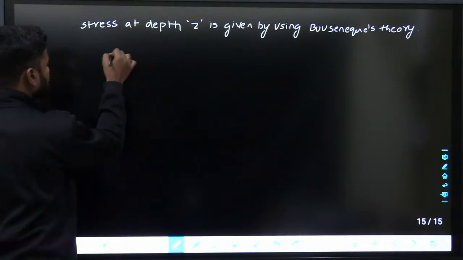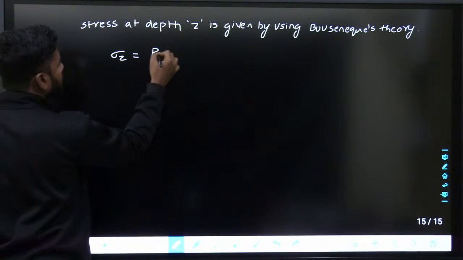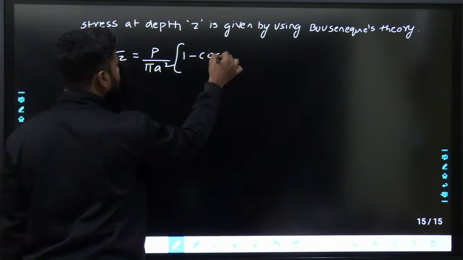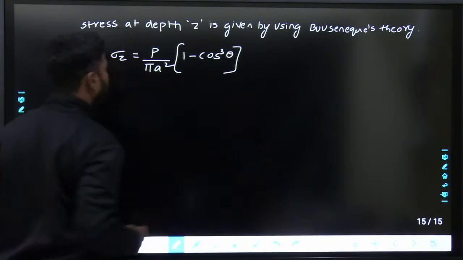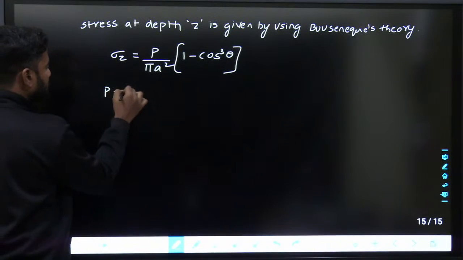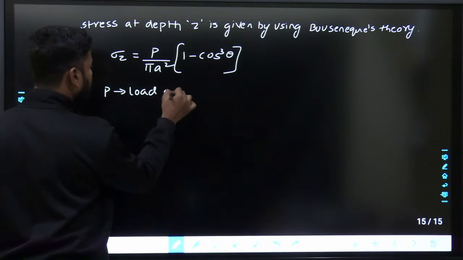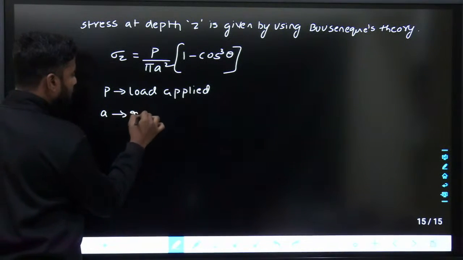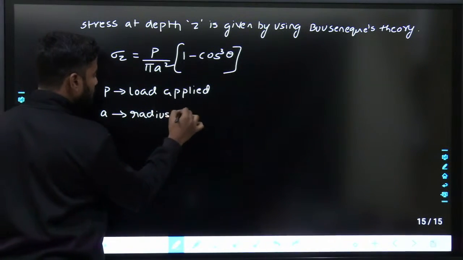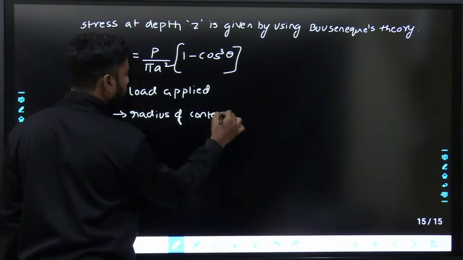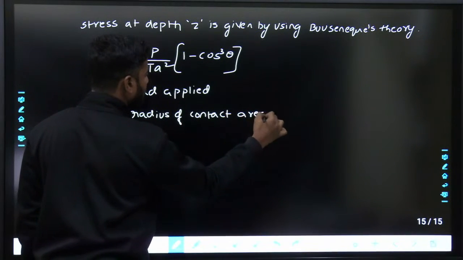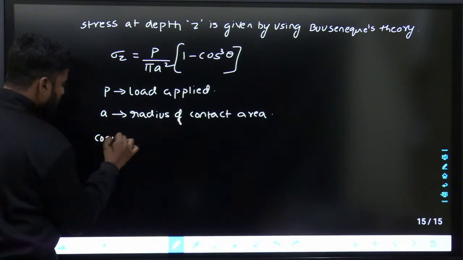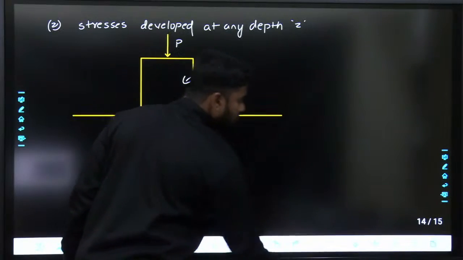Boussinesq's theory, sigma Z is generally given as P upon pi a square multiplied with 1 minus cos cube theta, where P is the load applied, A is the radius of contact area, cos theta is how much?